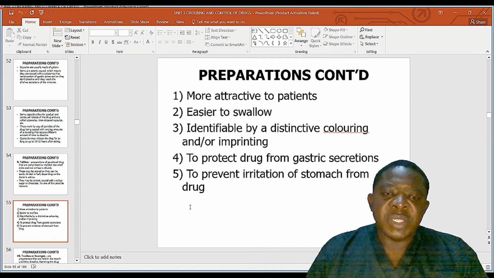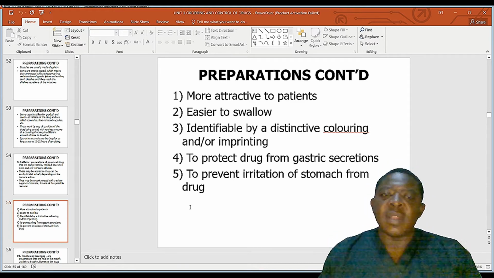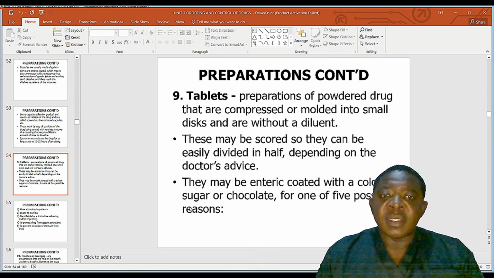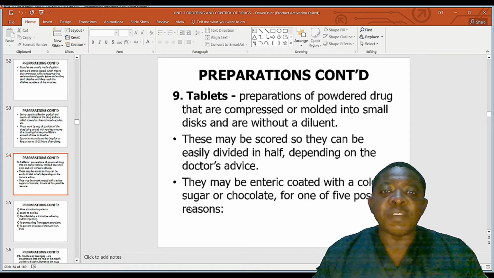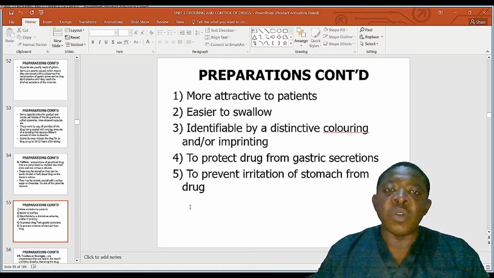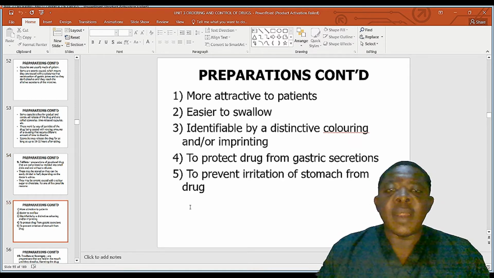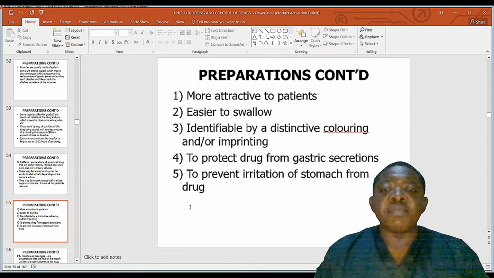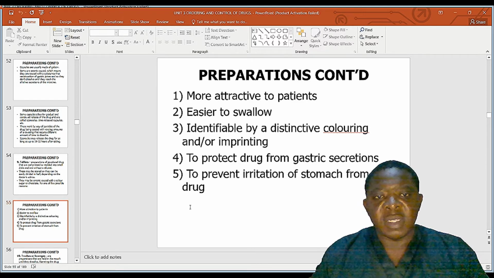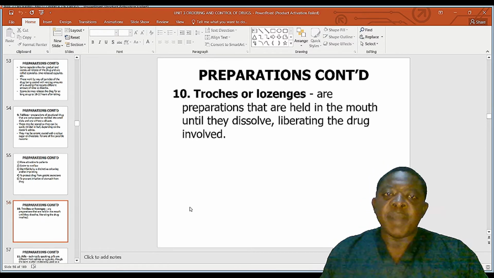Then the other reason is to prevent irritation of the stomach by the drug. So that is the reason why some of these tablets may have different colors: so that they look more attractive, are easier to swallow, for identity purposes, for protection from gastric secretion, and for prevention of irritation to the stomach.